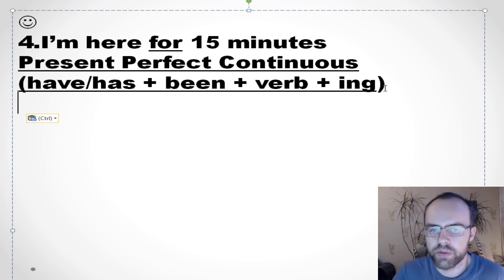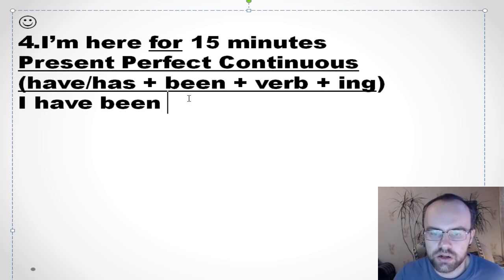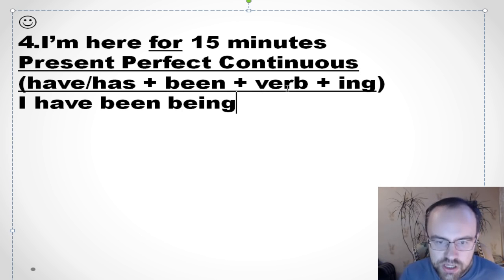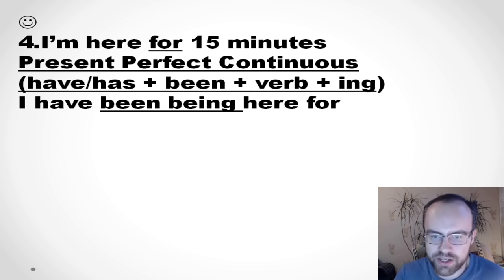And you maybe try to use it, I have been, and then, my friend, you need to say been. But here it isn't right. You can't say been. It's grammatically incorrect.